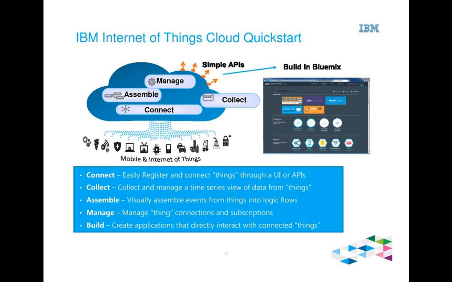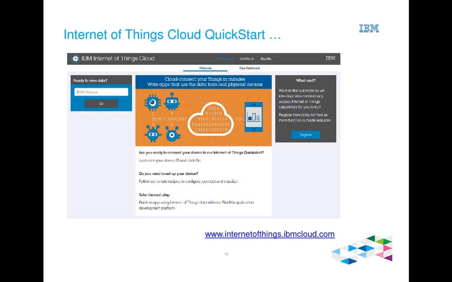So let's move forward. On this slide, there is a link which shows if you want to exploit these capabilities, where you should go. We have got something called IBM Internet of Things Cloud. Go there, very easy for you to connect your devices. Then we have something called device recipes.